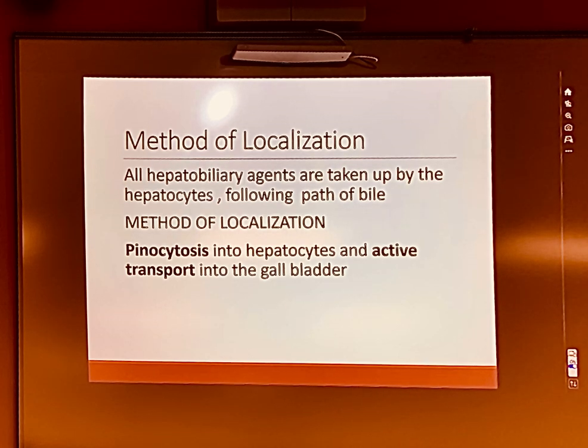Your method of localization. This is going to be your favorite thing that we're going to do next semester. All your methods of localization. Method of localization just basically means, how does this get where it's supposed to go, right? So all hepatobiliary agents, all of those IDA compounds are taken up by the hepatocytes, and they follow that path of bile. Okay.